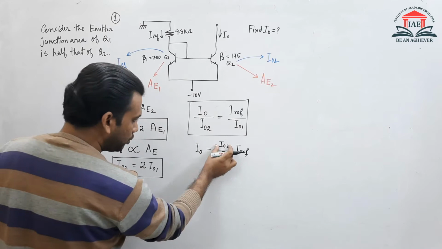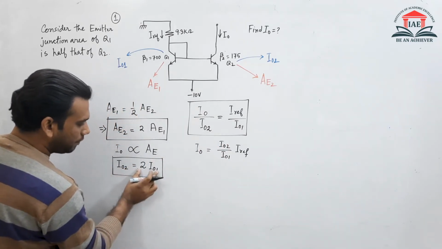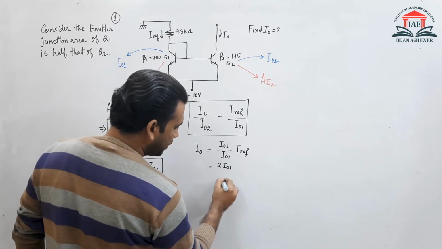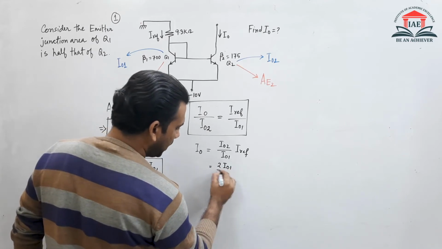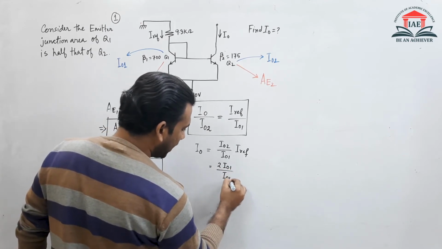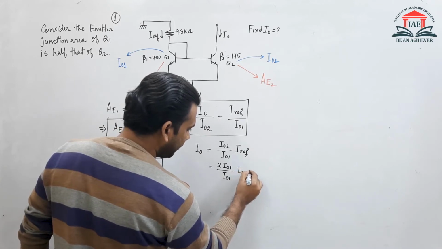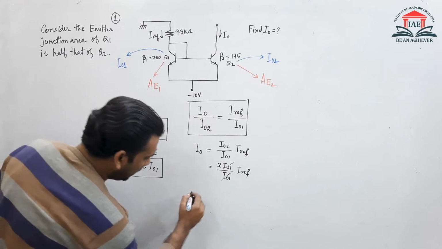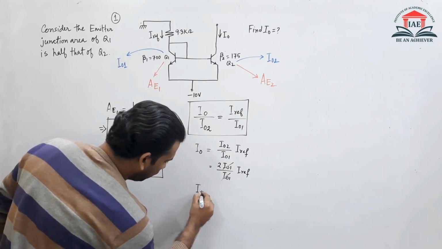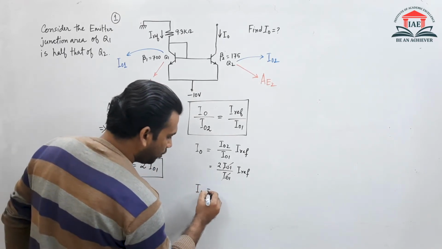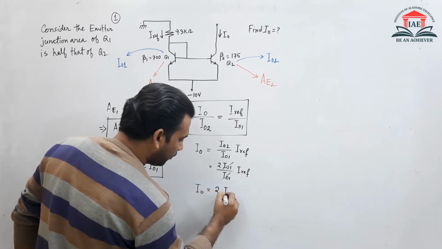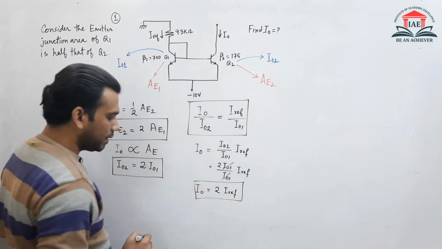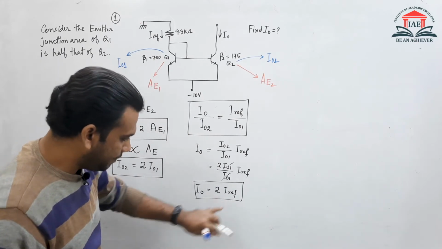What is I02? I02 is twice of I01. So I can put the value of I02 as twice I01 divided by I01 into I reference. So I01 cancels out. Ultimately the output current I0 will be equal to twice I reference. So this is the relation between the output current and the reference current.